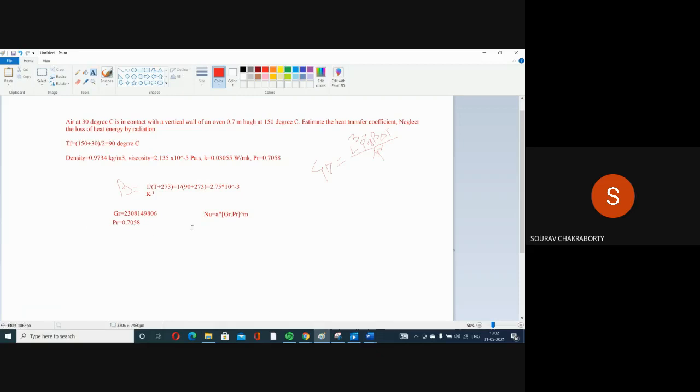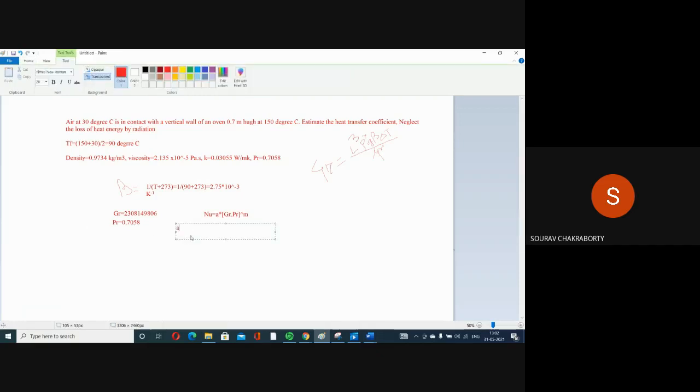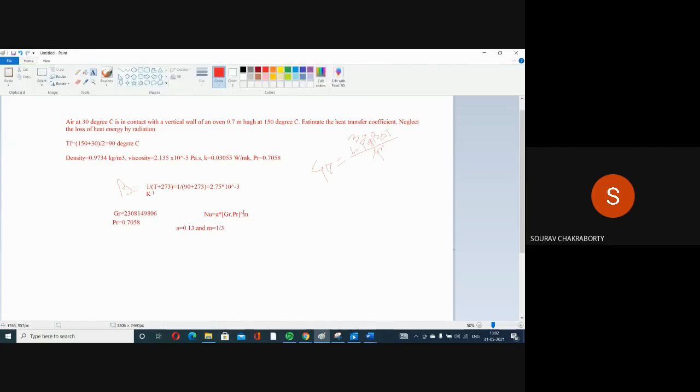The value of a will be 0.13, and m will be 1/3.